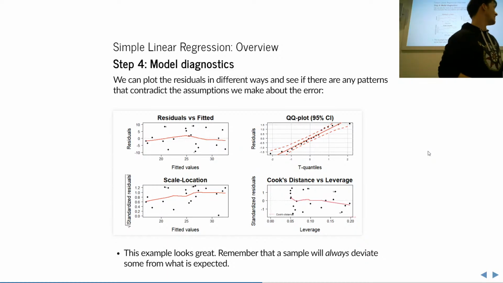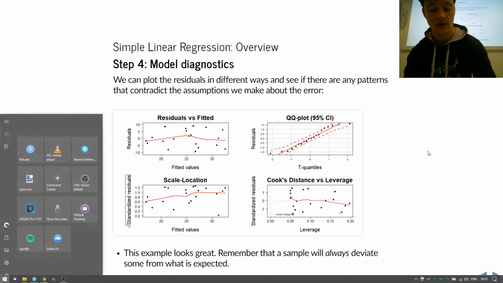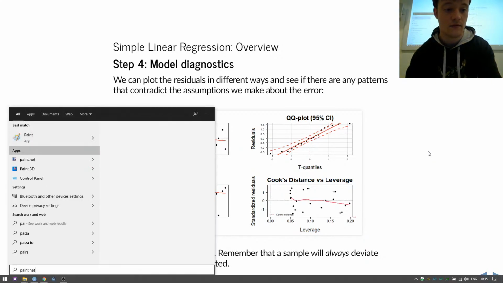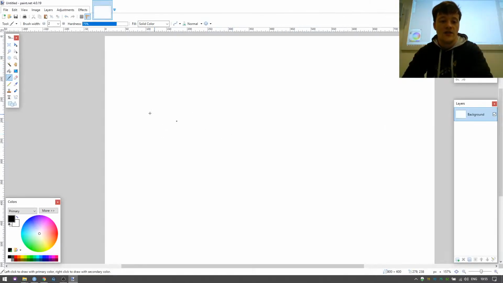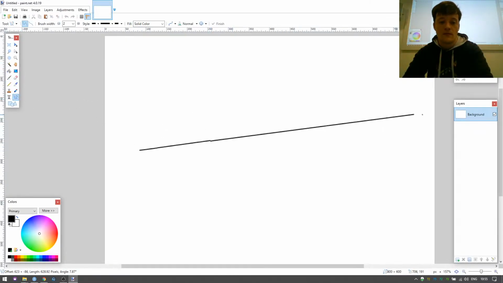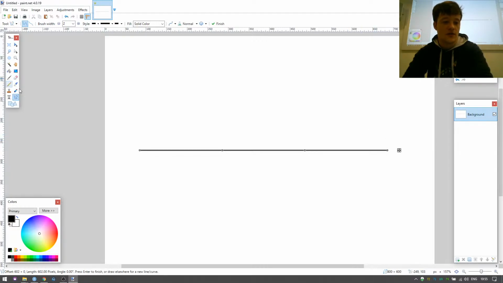So if you, let me just draw that. If I have a relationship like this, so flat again, and I have samples over here, 1, 2, 3, and I have 10 samples over here. These could have the same variance.